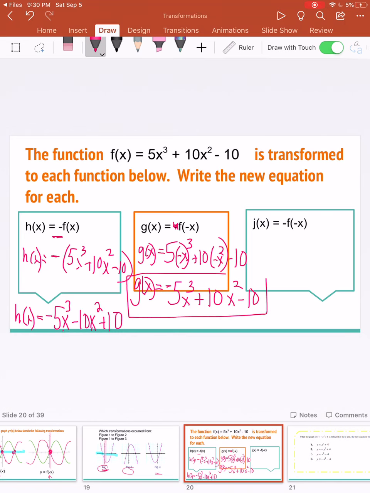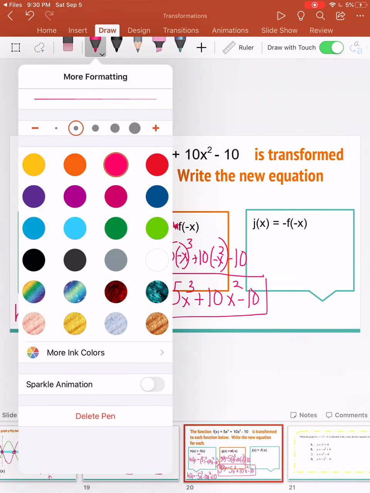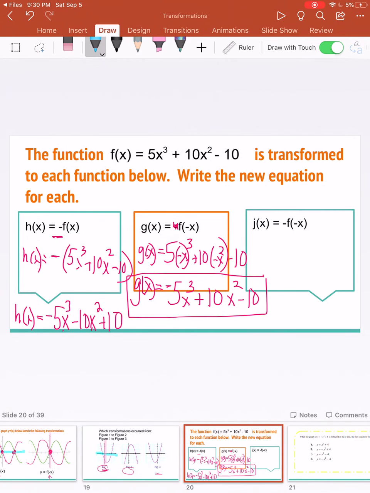And there we go. Lastly, we can actually reflect a graph on both the y and x axis. So in this case, I'm actually going to take my g function just because I've already replaced the negative, and that's probably trickier. So I'm going to take my g function. There it is. Oh, except I should probably write j.